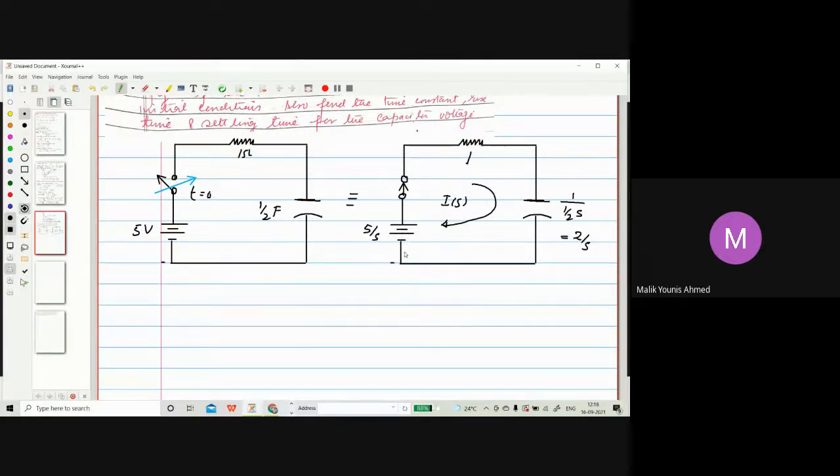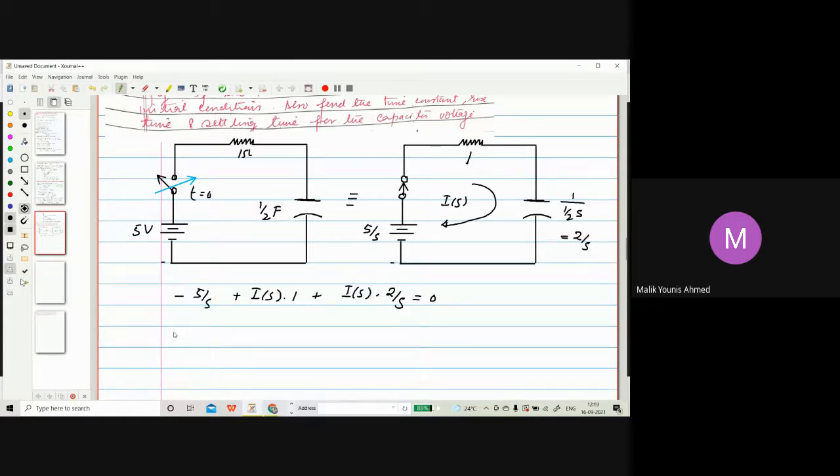So minus 5 by S plus I of S into 1 plus I of S into 2 by S will be equal to 0.